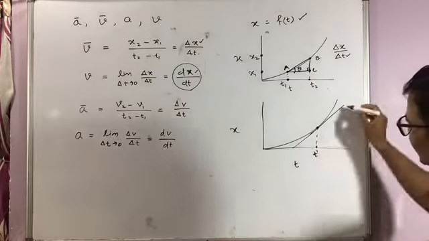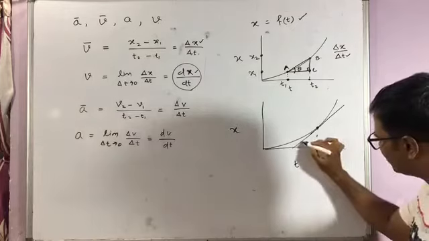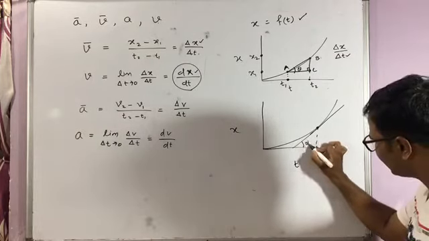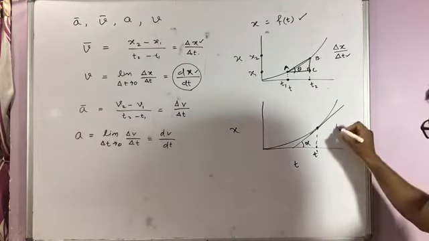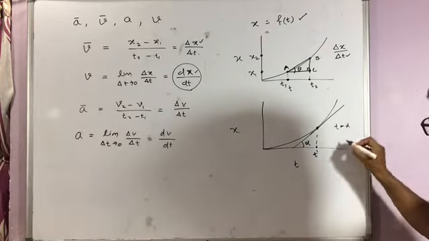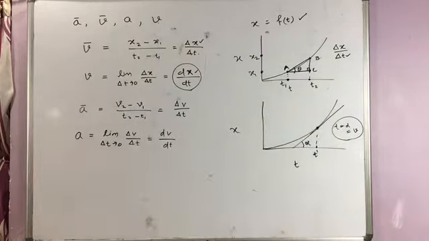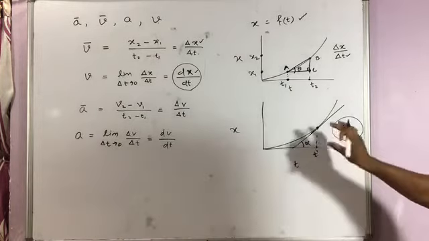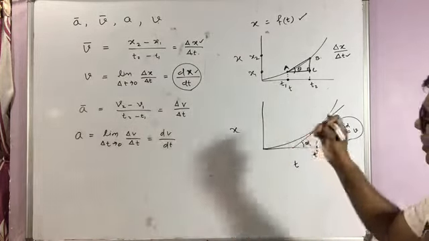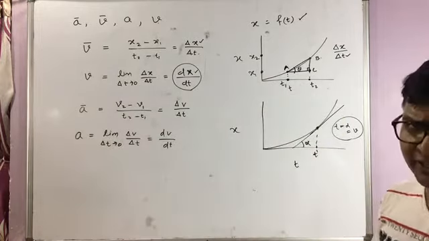The tangent to the curve is making some angle with your time axis, let's say alpha. Simply you find tan alpha. This tan alpha will give you your instantaneous value of the velocity. See, this is nothing a new concept. It is the concept of your mathematics, what I have already explained in your derivative.